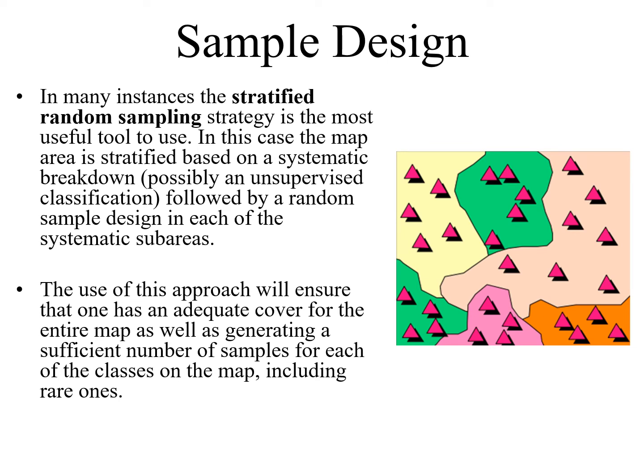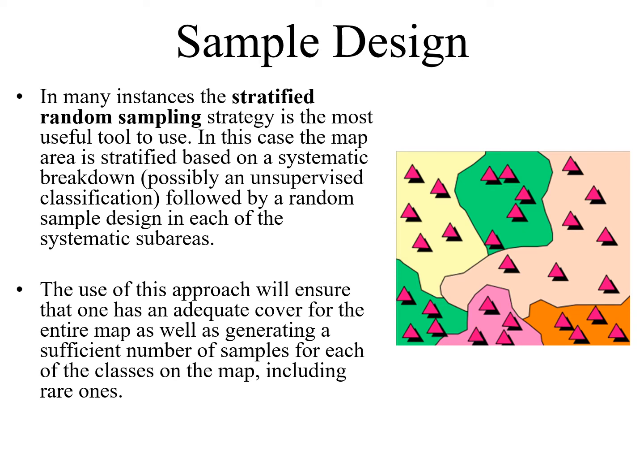Then we can get rid of the unsupervised classification and do a supervised classification using the data that was collected using that random sample design in each of the systematic subareas. The use of this approach ensures that you have adequate cover for the entire map, as well as generating a sufficient number of samples for each of the classes on the map, including rare ones.